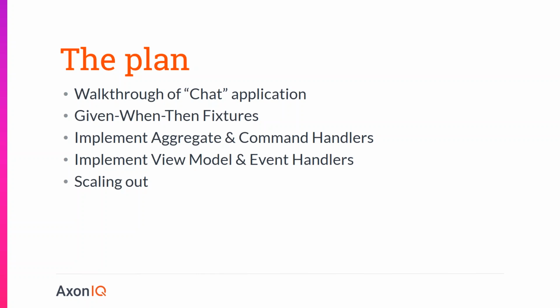We're going to see how the given-when-then fixtures work and how we can use them to describe tests for mainly our aggregates. I'm going to implement an aggregate and the command handling features there. We'll implement a view model as well. And then the most important part is we're going to scale out, and we're going to do that without having to change any of the business logic code that we have written earlier.